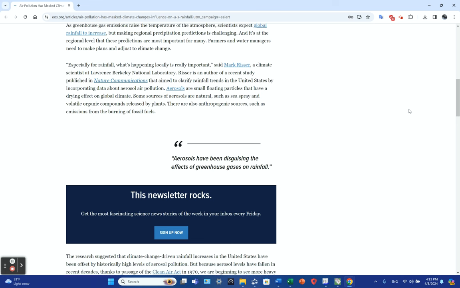I want to look at this notion of a drying effect. Usually to form clouds, you accumulate water vapor, and it accumulates to the point where it overcomes the natural buoyancy, gravity takes over, and it falls to the surface as precipitation in some form.